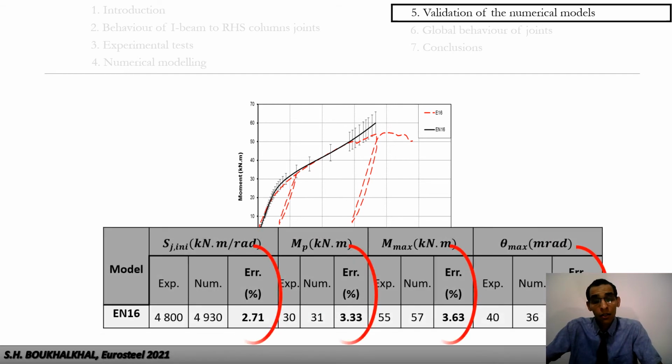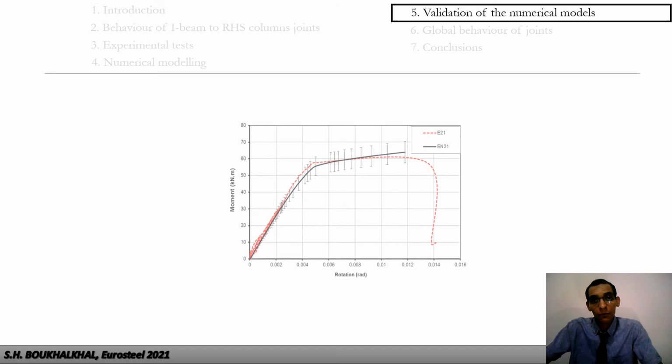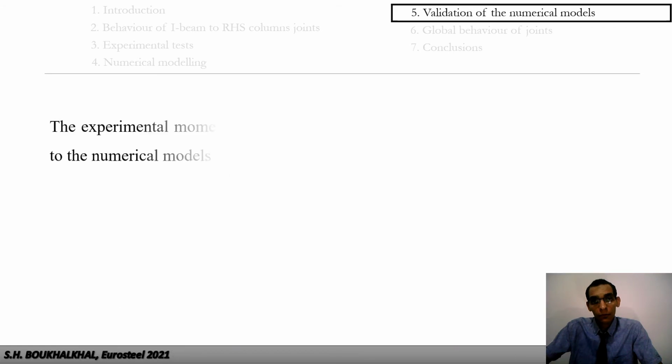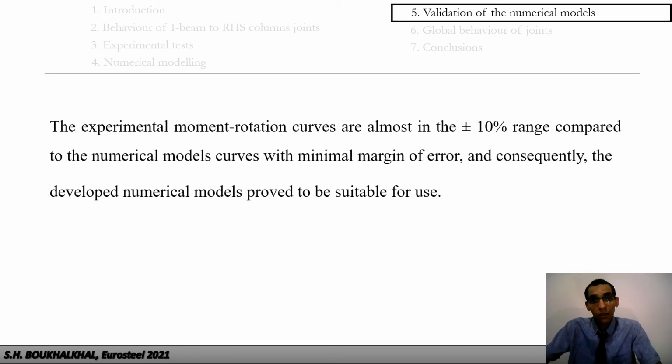The same remarks apply to the other configurations. The experimental curves are almost in the 10% range compared to the numerical model curves with a minimal margin of error, and consequently the developed numerical models proved to be suitable for use.